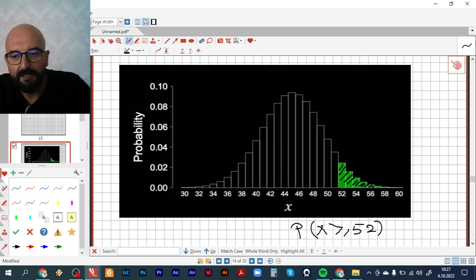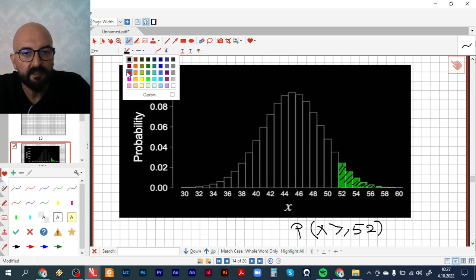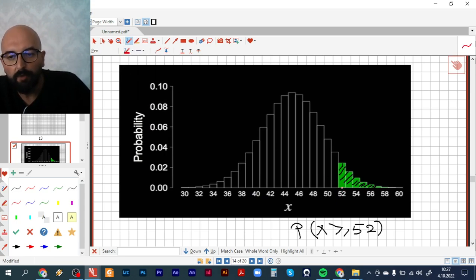But 52 is exactly the middle of this column. And if you figure out this probability value, you will figure out this area, but you didn't figure out this part.